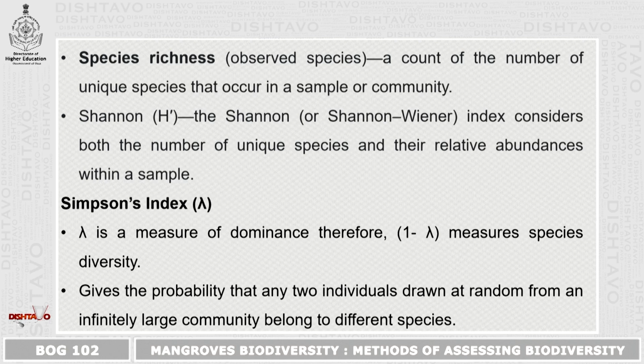Species richness is usually calculated by using Simpson's index, and this is the symbol by which it is stated. Lambda is the measure of dominance. Therefore, 1 minus lambda measures species diversity. It gives the probability that any two individuals drawn at random from an infinitely large community belong to different species.